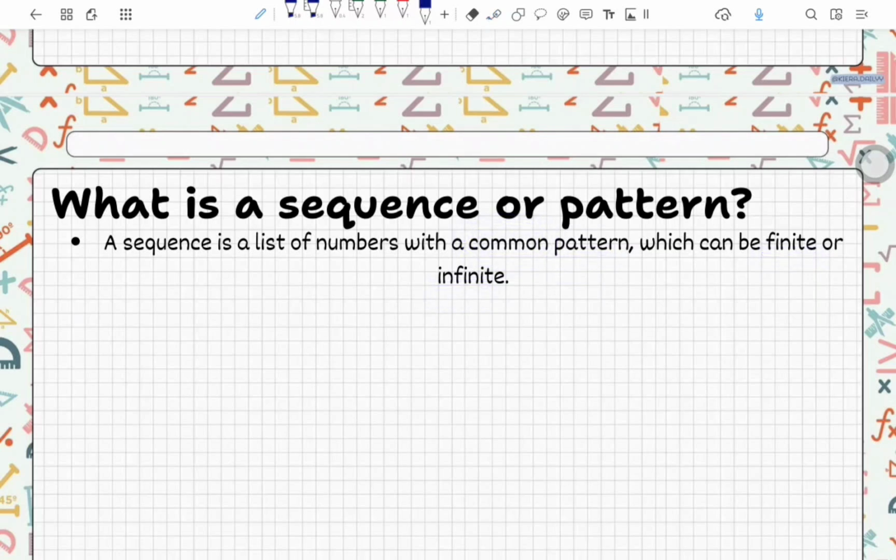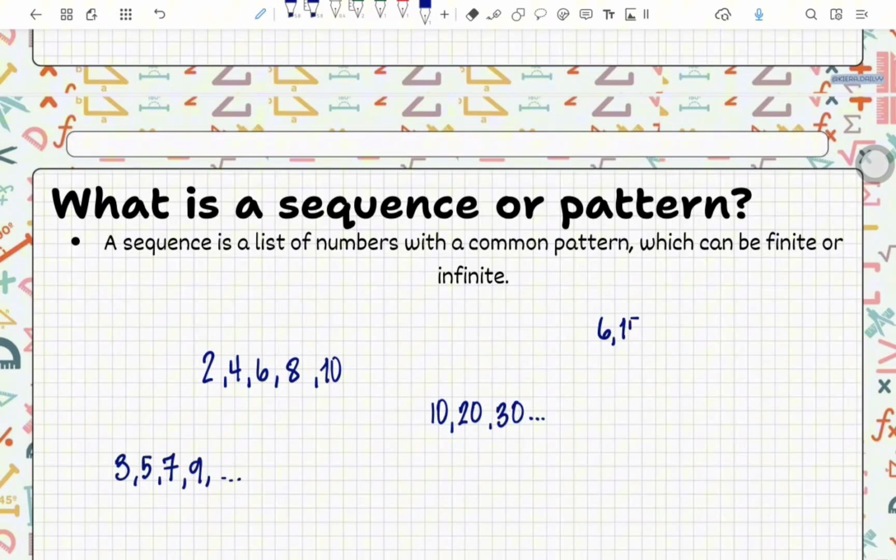So let's have an example. Let's say 2, 4, 6, 8, 10. Also 10, 20, 30. Let's have another example: 3, 5, 7, 9, and more. We also have 6, 15, 24, and more.